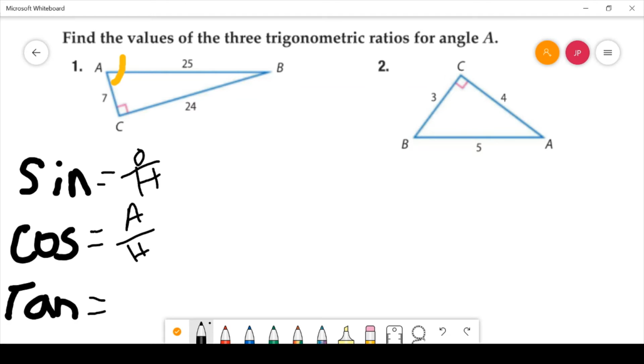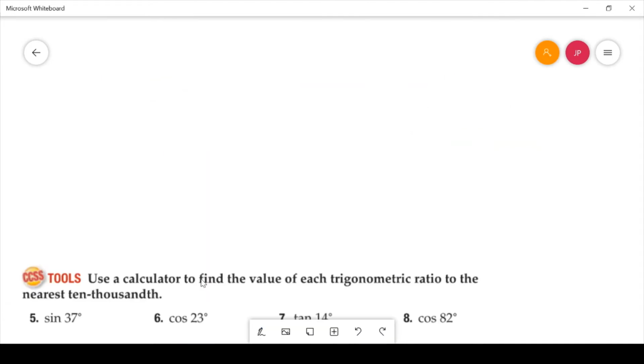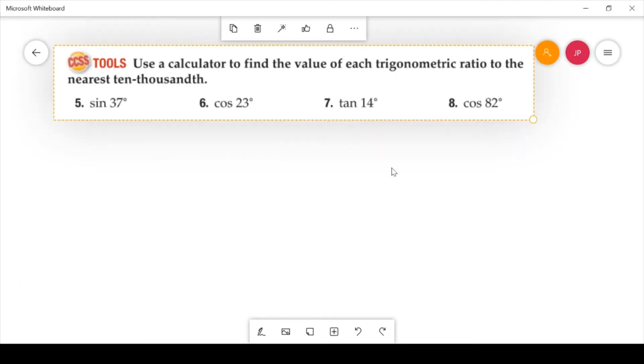So now I'm going to go through another one. I gotta bring it up. This one I can't actually do, but I figured that I would tell you how you would do this one.